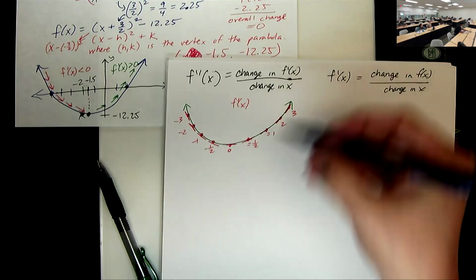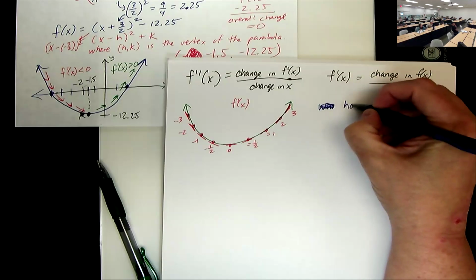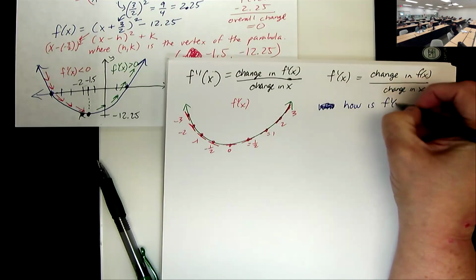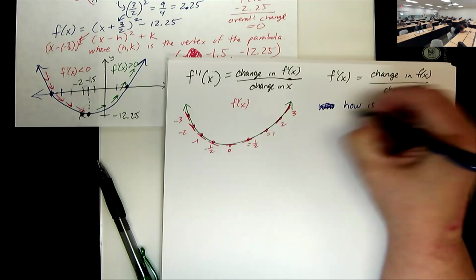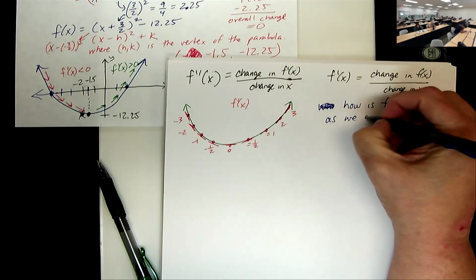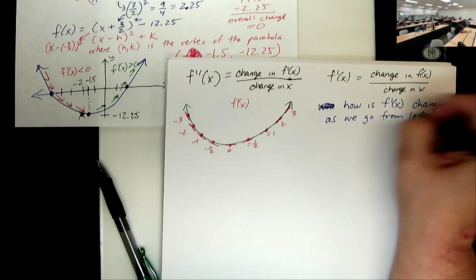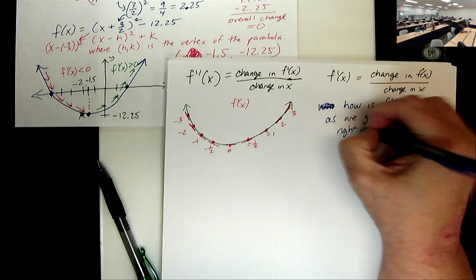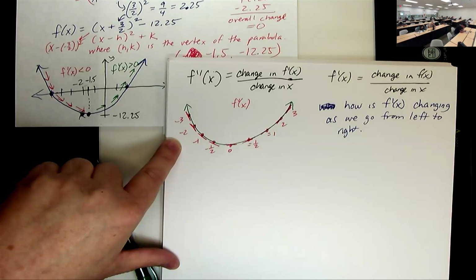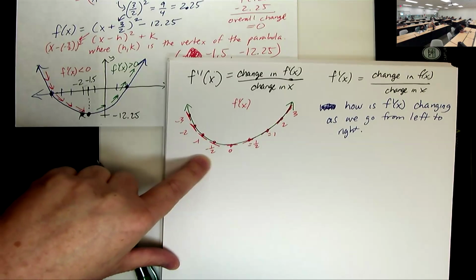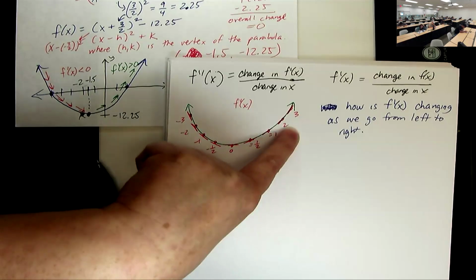What's going on with the second derivative here? How is f prime of x changing as we go from left to right? -3 goes to -2, goes to -1, goes to -1/2. 0, 1/2, 1, 2, 3.